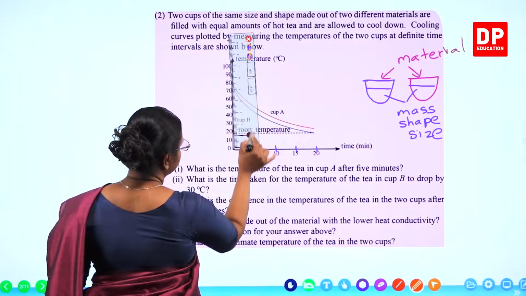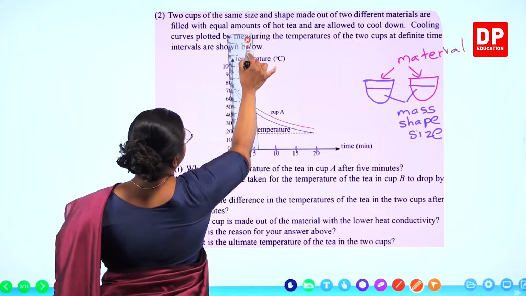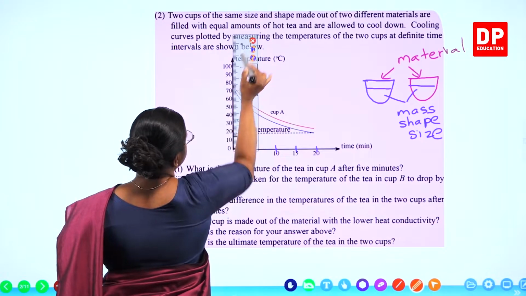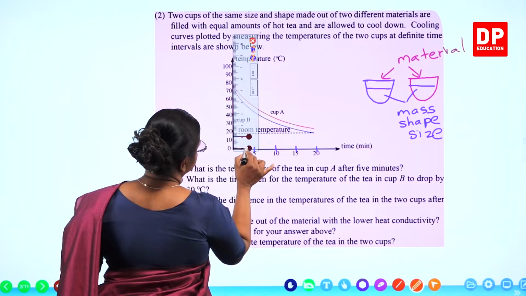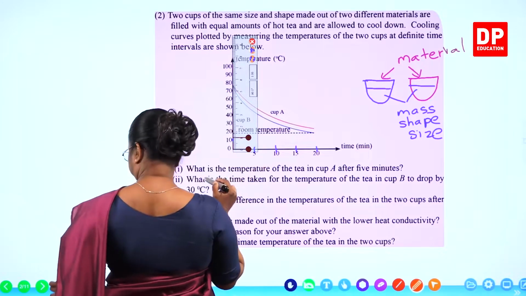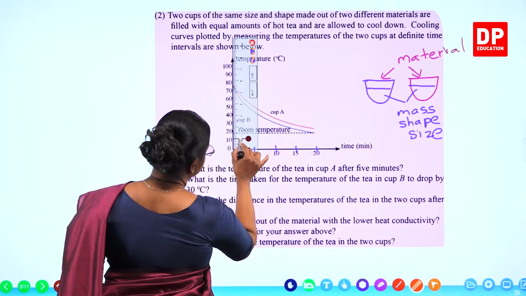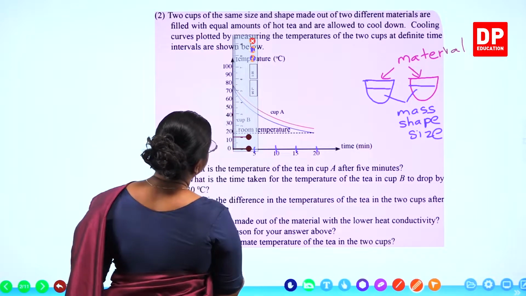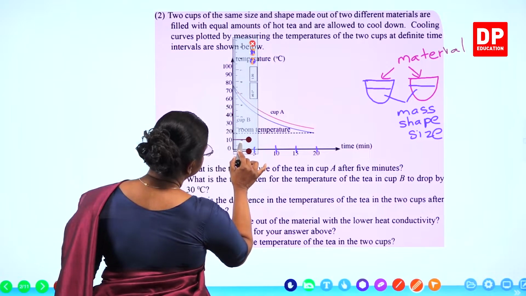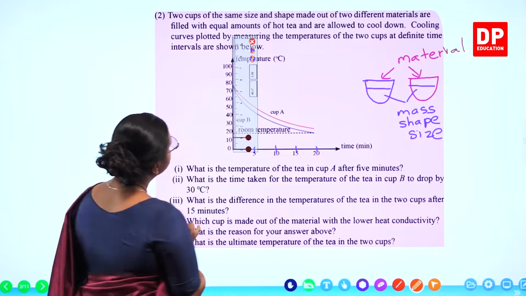we need to have the ruler properly, and you all also can do this, students. Right. So here this is the 0 mark.